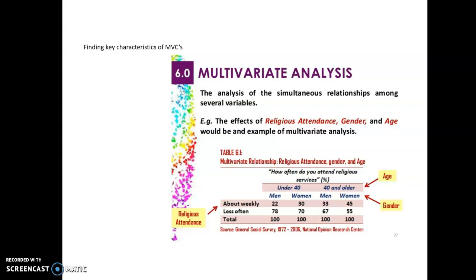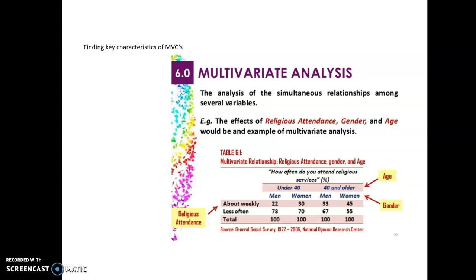Does either one of those independent variables, age or gender, contribute to the dependent variable, which is how often you attend religious services? On the left you have men and women under 40, and on the right you have men and women 40 or older. Here you have about weekly and less often than weekly.